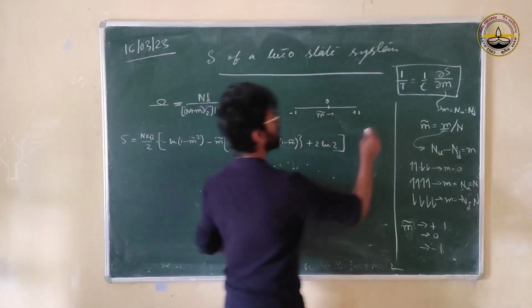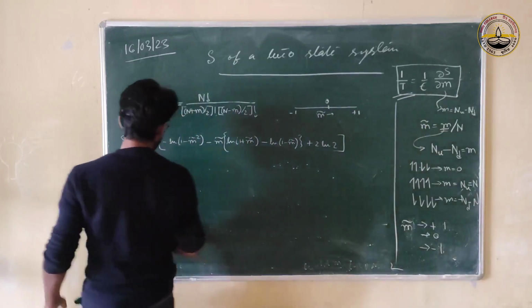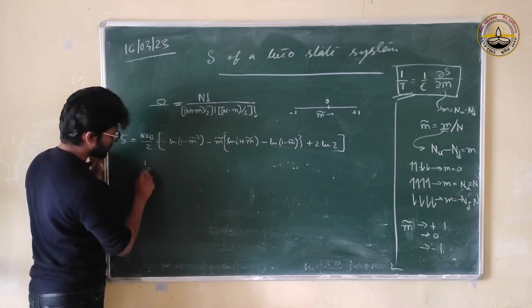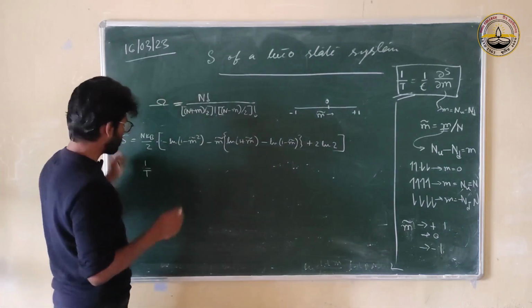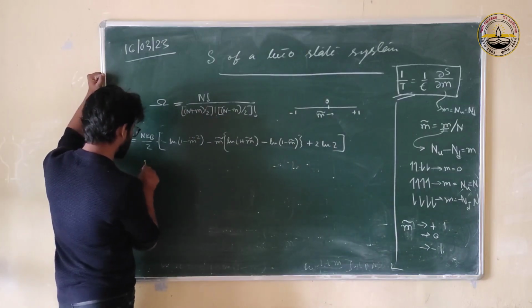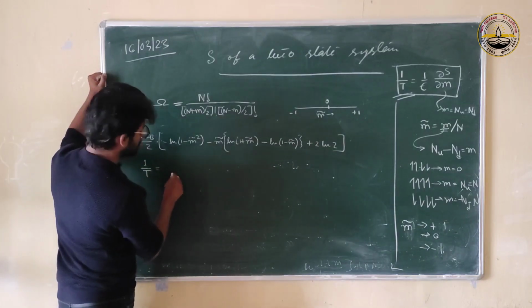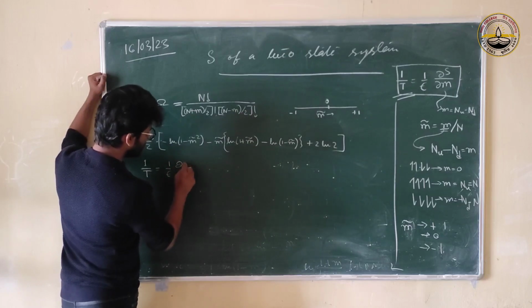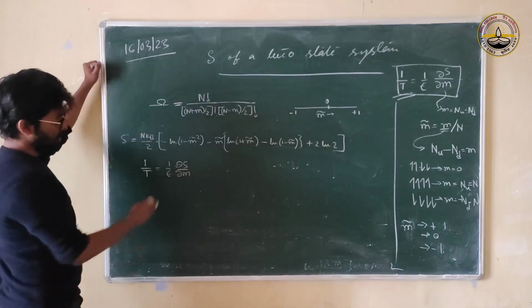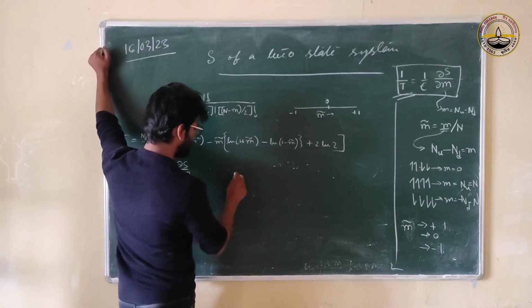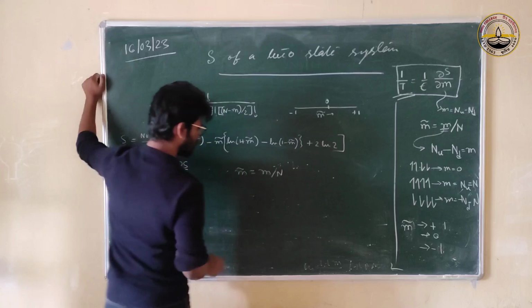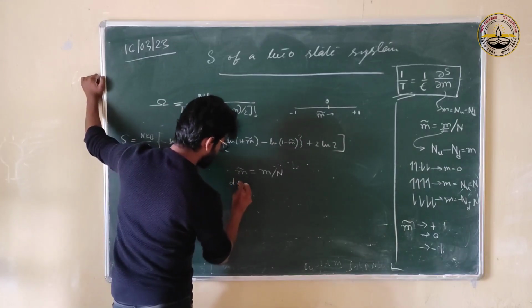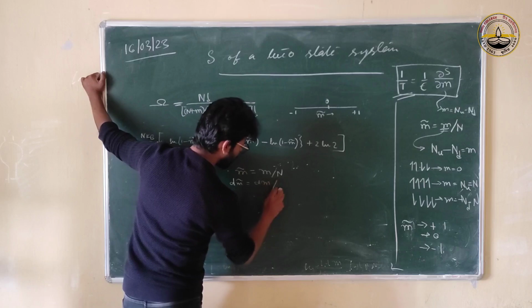Now, we're going to calculate the temperature. So 1 over temperature, this is the absolute temperature, so it's in Kelvin, remember. It's not Celsius or Fahrenheit. It's in Kelvin. So 1 over T equals del S over del M. Now, we have it in terms of m tilde. m tilde equals m over n, so d of m tilde becomes dm over n.